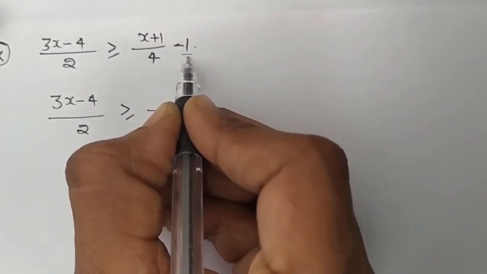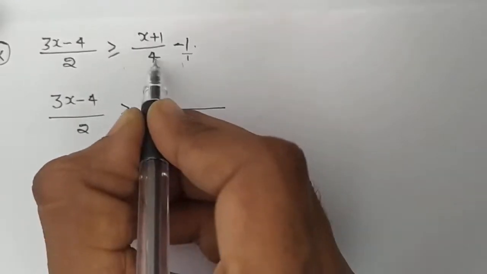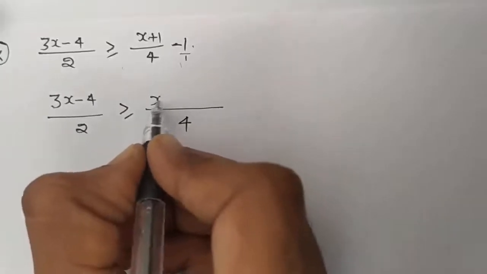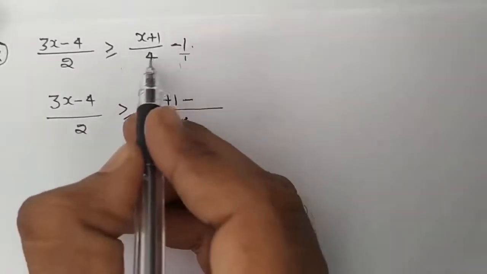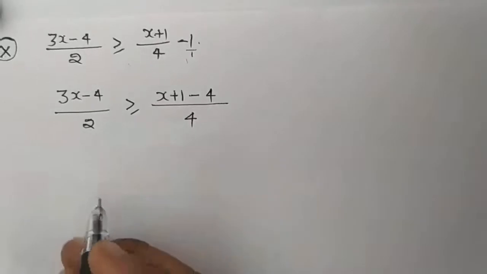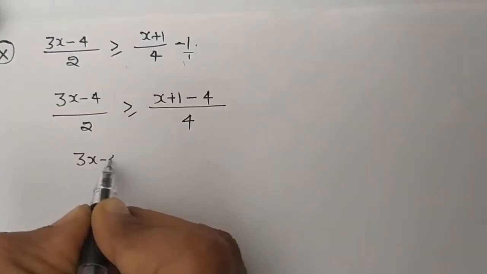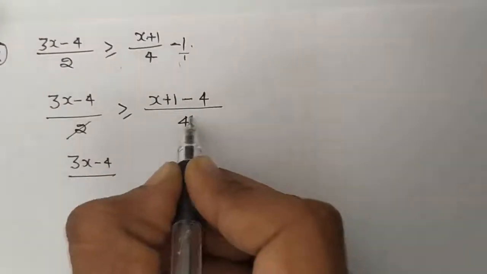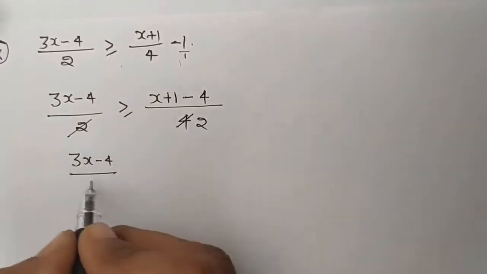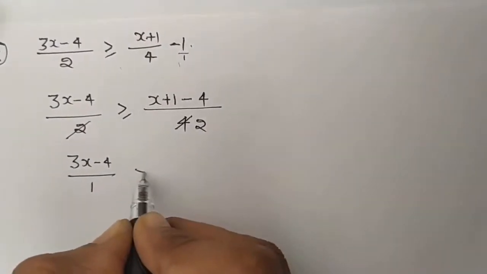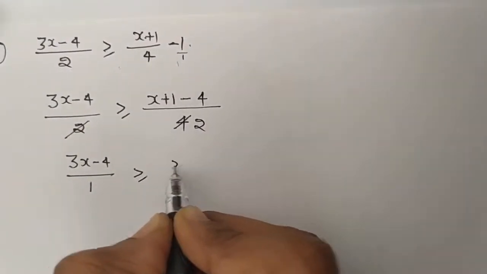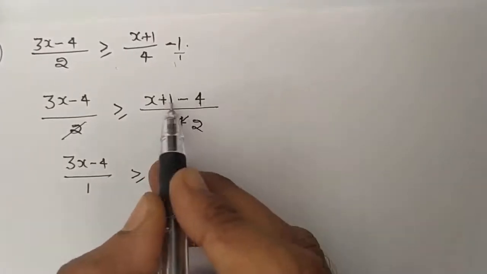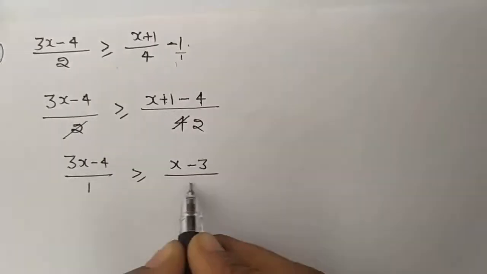LCM of 4 and 1 is 4. x plus 1 into 1 is x plus 1, minus 1 into 4 is 4. (3x minus 4) divided by 2. 2 ones are 2, 2 twos are 2, it will get cancelled. So (3x minus 4) by 1 is greater than or equal to x plus 1 minus 4. Minus 4 plus 1 is minus 3, divided by 2.